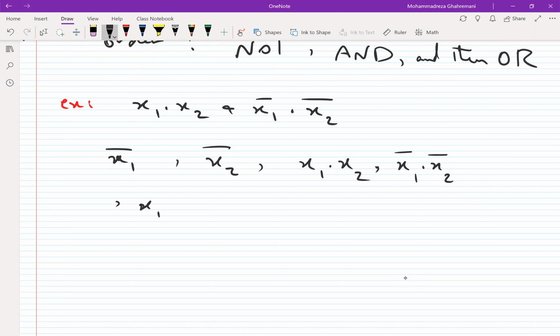So x1 dot x2 plus x1 bar dot x2 bar. Okay, so this one is the order of function. Okay, in the next lecture, I will talk about building the functions by combining the different gates.